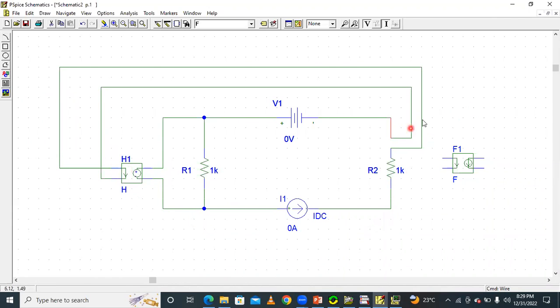It depends on this current, Ix, leaving in the upward direction. In this way the current Ix flows, and then flows into this source. That's why you have to connect like this.